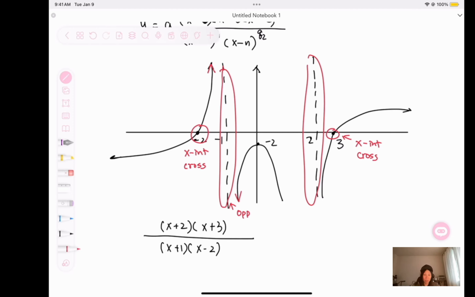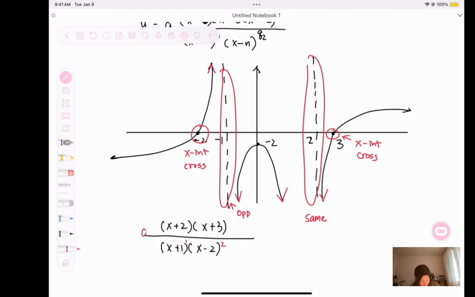That means the multiplicity is going to be 1, 3, 5, 7, so I keep it 1. For the second vertical asymptote, both sides go down, in the same direction. So the multiplicity is going to be an even number. It can be 2, 4, 6, 8, 12, 20, whatever you like.